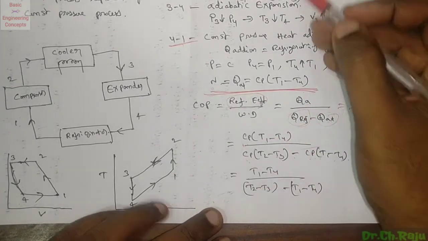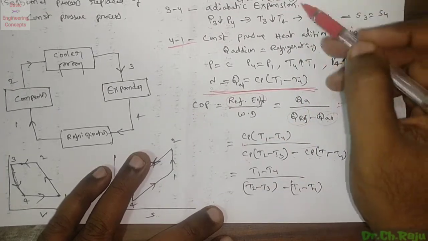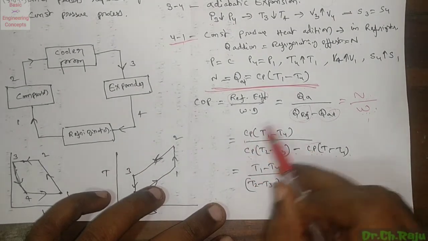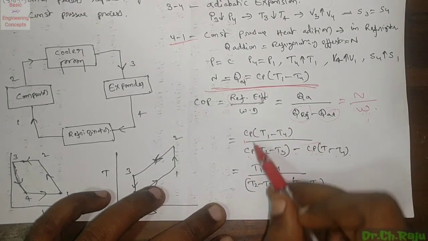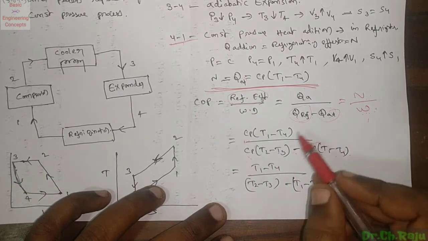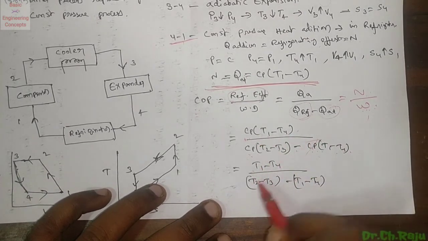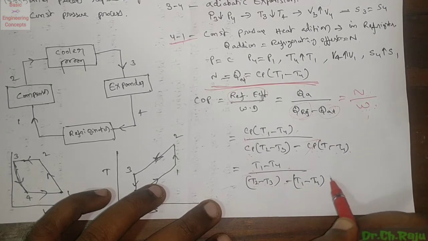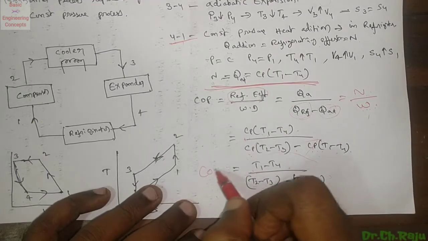As the Cp is common in both top and bottom, it can be directly removed. That is T1 minus T4 divided by T2 minus T3 minus T1 minus T4. This is the COP of the refrigerator.